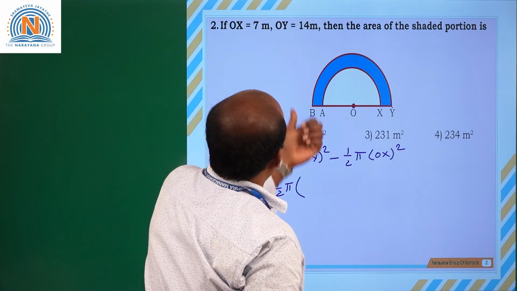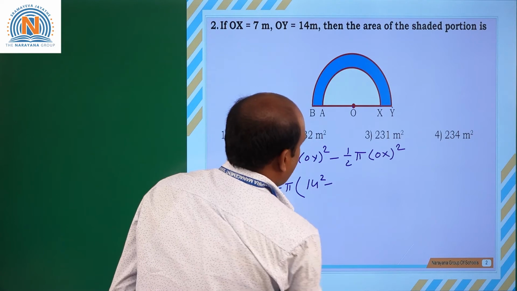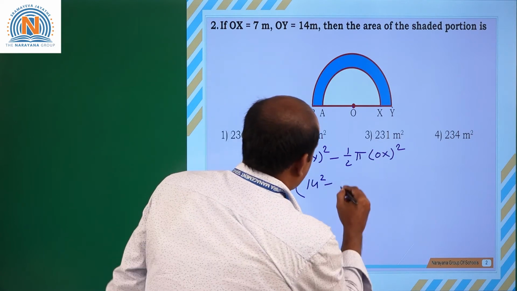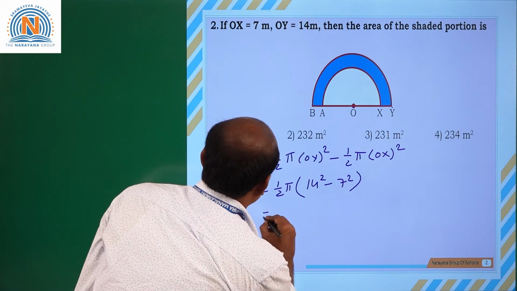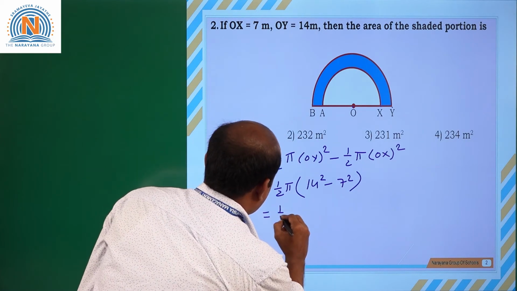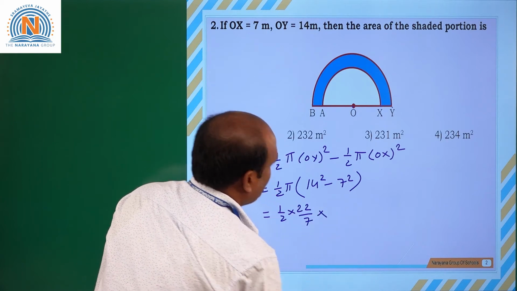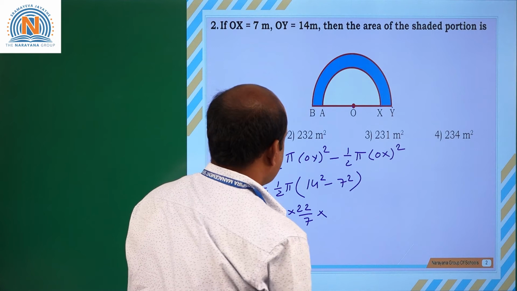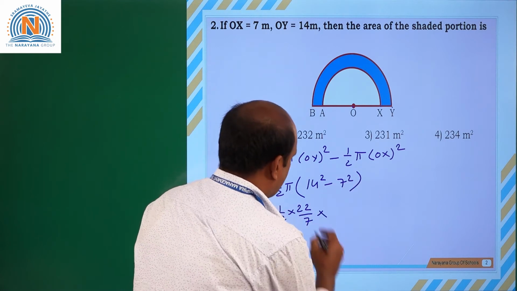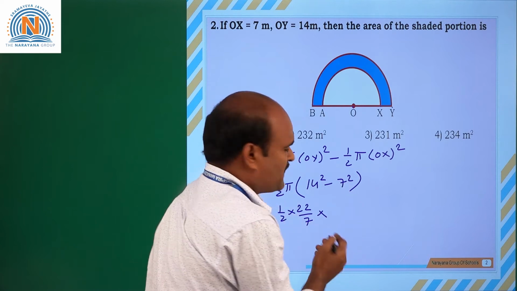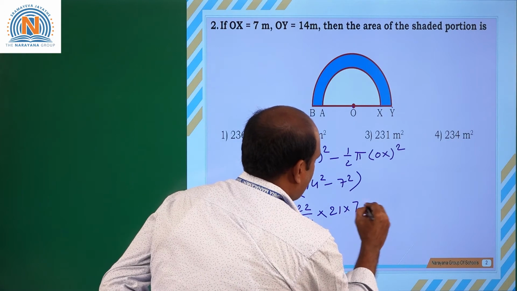OY is given 14, so 14 square minus OX whole square is 7 square, that is equal to 1 by 2 into pi, approximate value 22 by 7, into a square minus b square, that is a plus b into a minus b. 14 plus 7, 21 into 14 minus 7, 7.